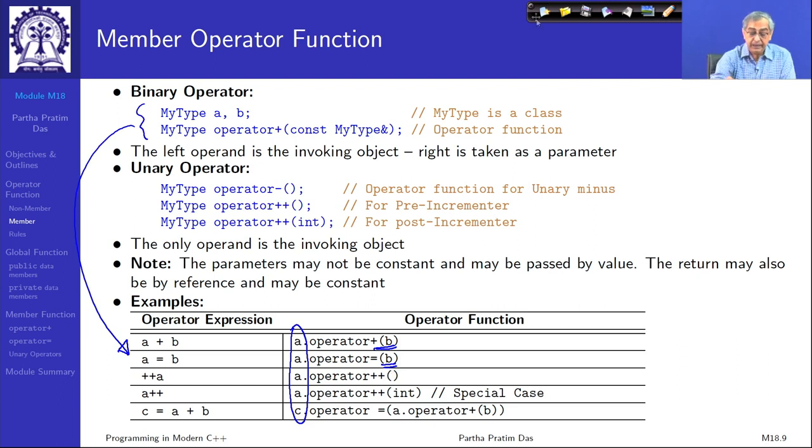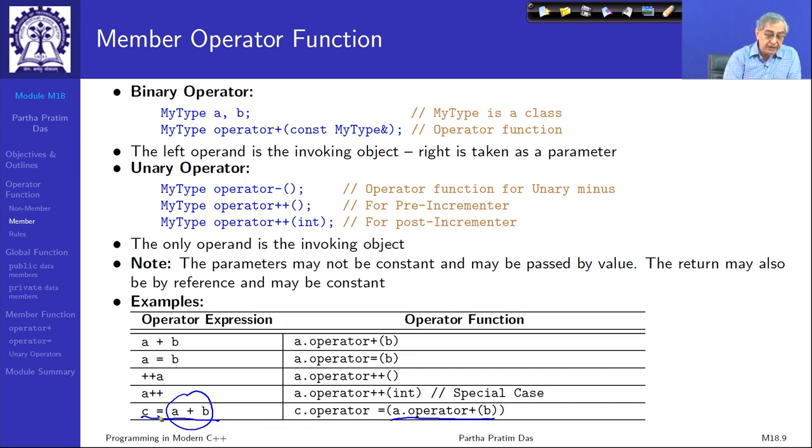You can see the effect of this also. So, this part will happen first. It is A dot operator plus B, and that result will be assigned to C. So, C is the left hand operand. So, C dot operator assignment of this value. These are the equivalent function-like notations which will actually get evaluated internally.